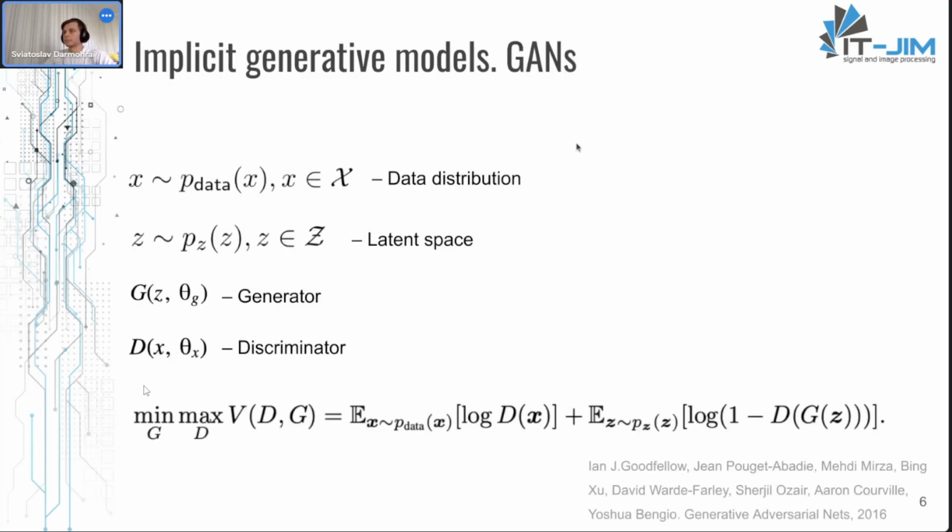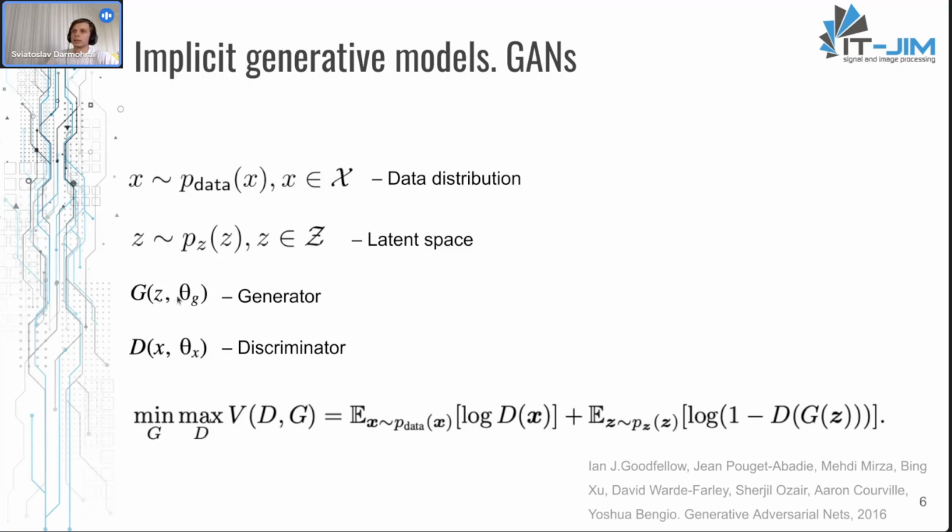If we're talking about how GANs originally look, we basically have some data X, we have some data distribution over X, and we have some latent space Z to be used to represent the data. Basically, this is to sample, to represent this vector that goes to the input to the generator.